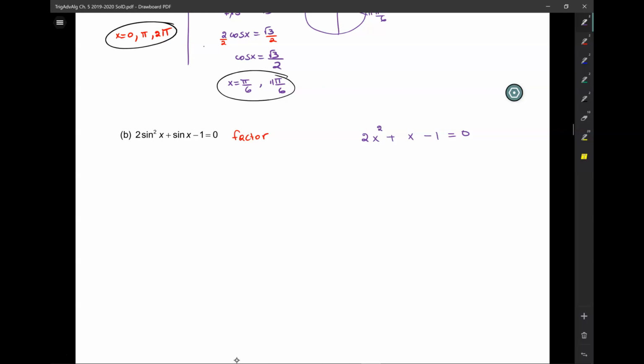Power of 2, power of 1, no variable. Here, it's the same pattern, but instead of the x's, I have the sines. Instead of x squared, I have sine squared. Instead of x, I have sine. And then, no function. So the function squared, the function to the 1, nothing there. So they factor in the same pattern.